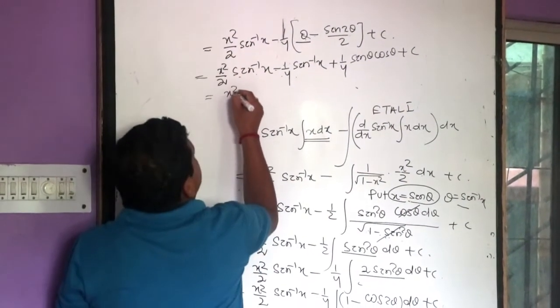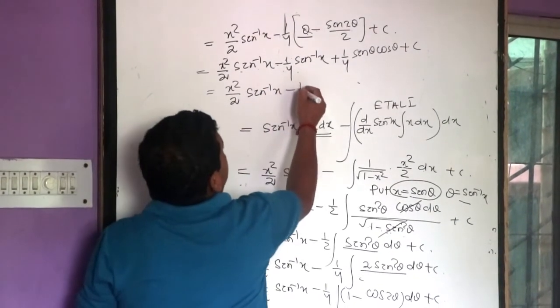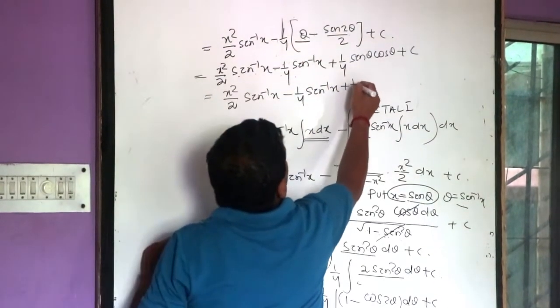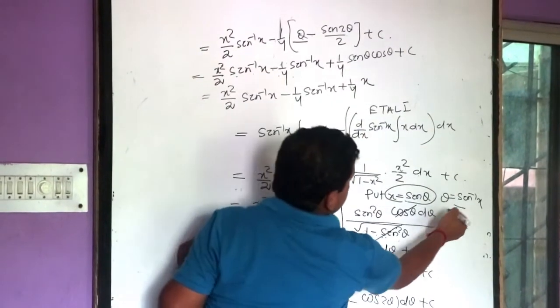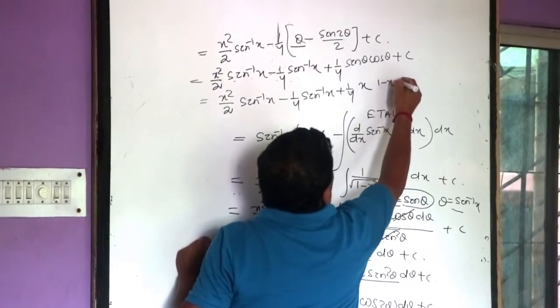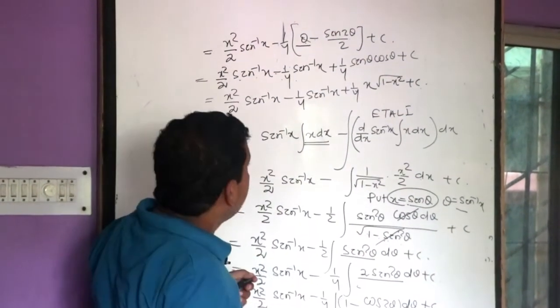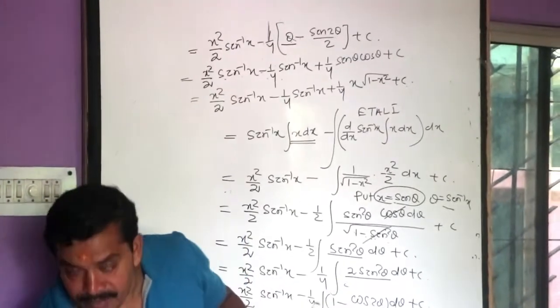That is equal to x square by 2 sin inverse x minus 1 by 4 sin inverse x plus 1 by 4. Instead of sin theta, we take x. Instead of cos theta, we write root over 1 minus x square plus c. That is over. That is the technique of the integration, and that is the important one.